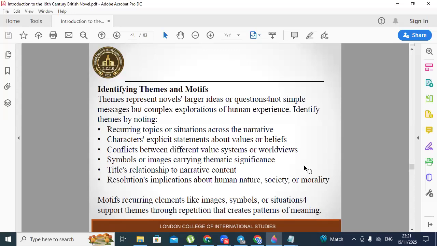Motifs, recurring elements like images, symbols, or situations, support themes through repetition that creates patterns of meaning.